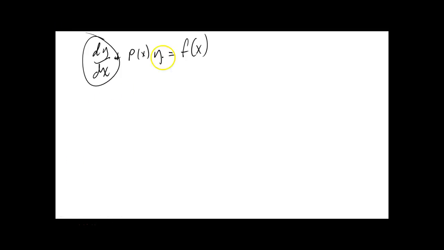Then here's your p, some function of x. Integrate p of x dx. Then raise that as the power of e, and that then becomes your mu.